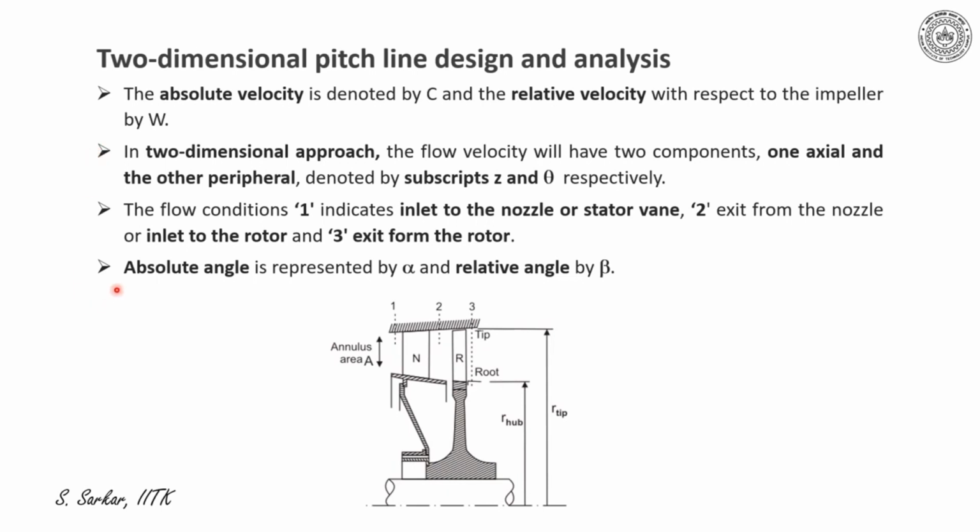Furthermore, the absolute angle is represented by alpha and the relative angle would be represented by beta. Here, I have also stated that condition 1 indicates the inlet to the nozzle, 2 in between the nozzle and the rotor, entry to the rotor, and 3 indicates exit from the rotor.